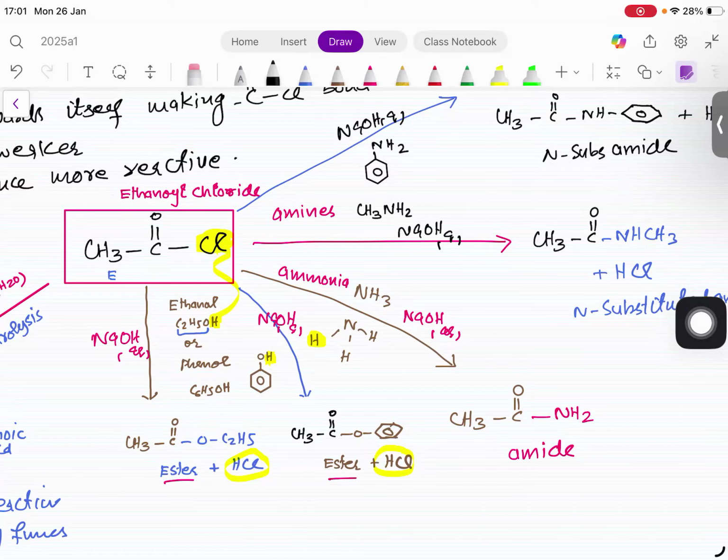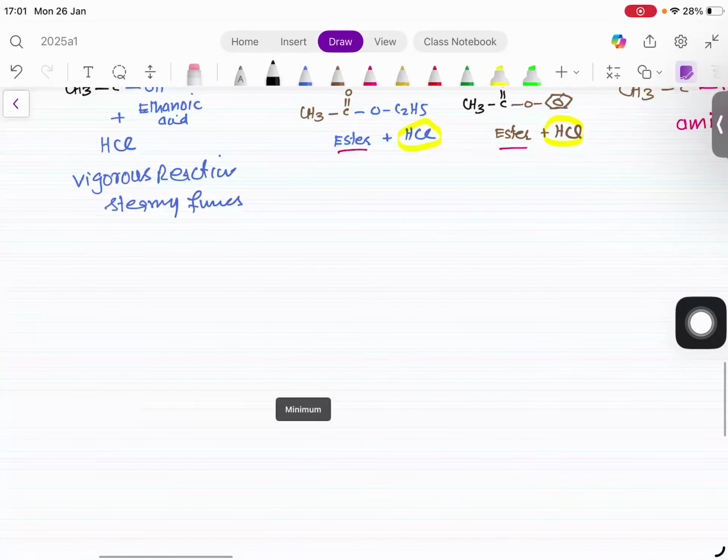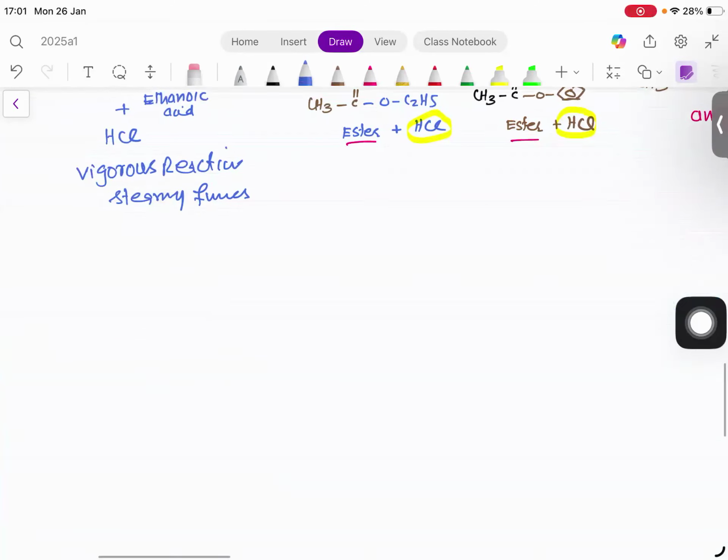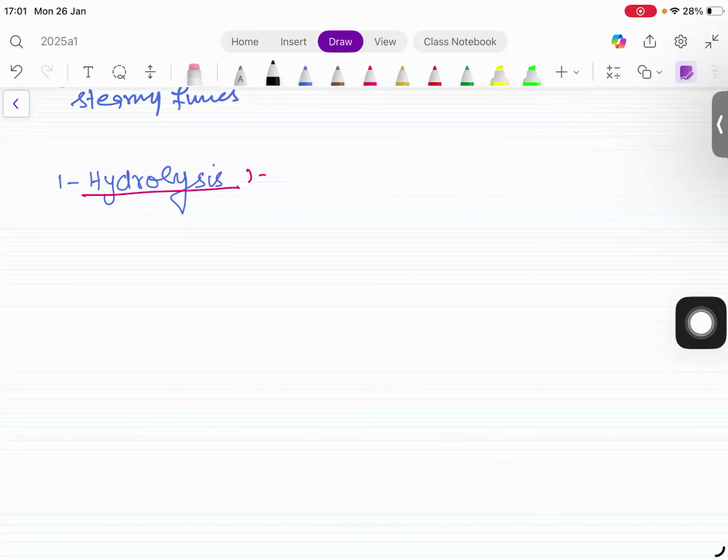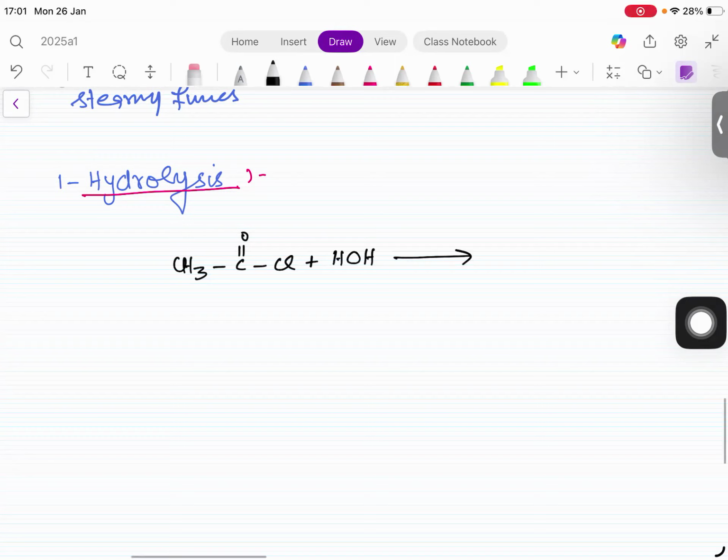Okay, let's go for the mechanisms now. The first reaction was hydrolysis. I'm going to rewrite the reaction. CH3COCl plus HOH, room temperature.